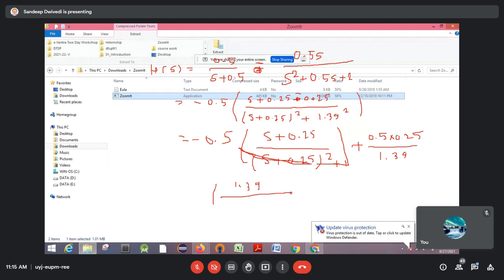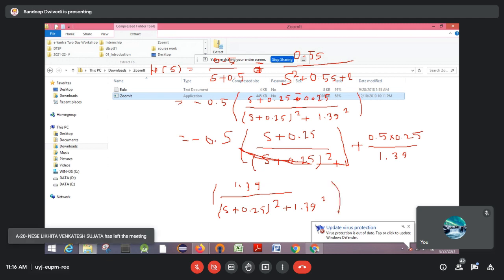Okay, so that thing, that is s plus a plus b square, will be as it is, that is s plus 0.25, this is your s plus a bracket square plus b, which will be 1.39 square.